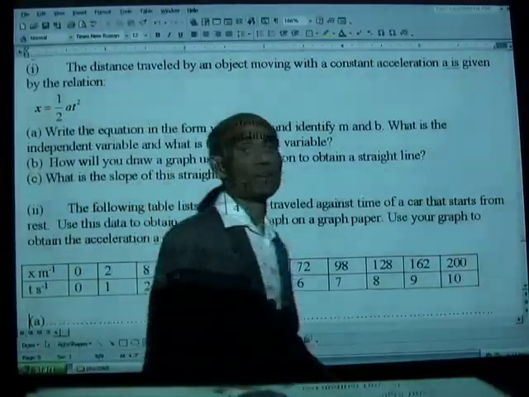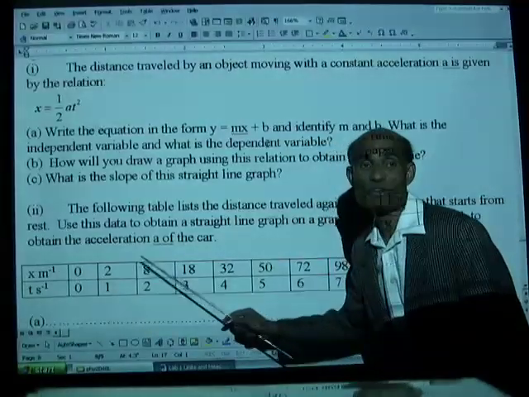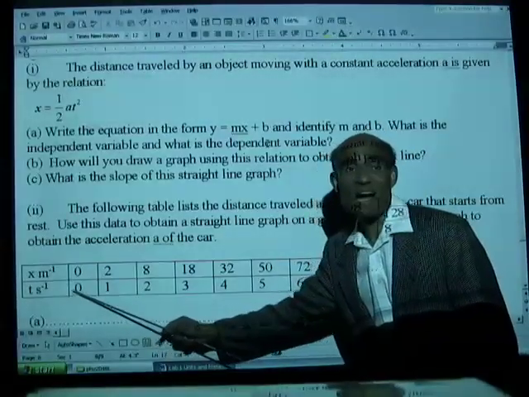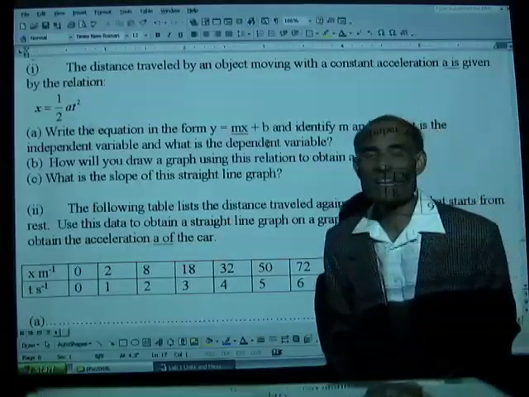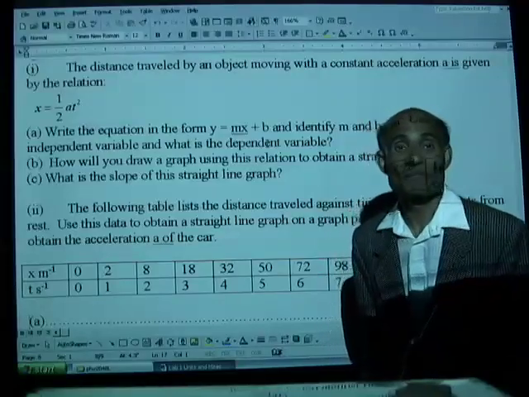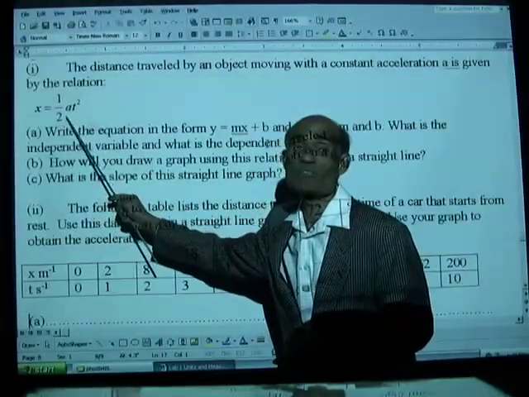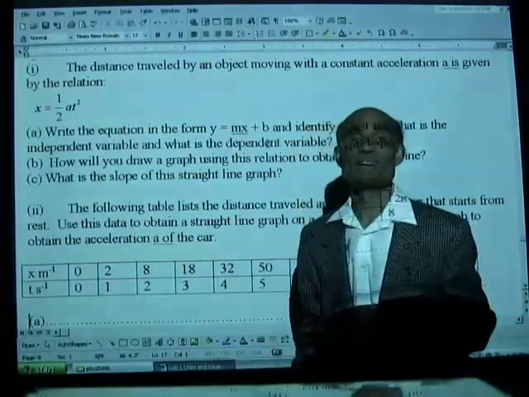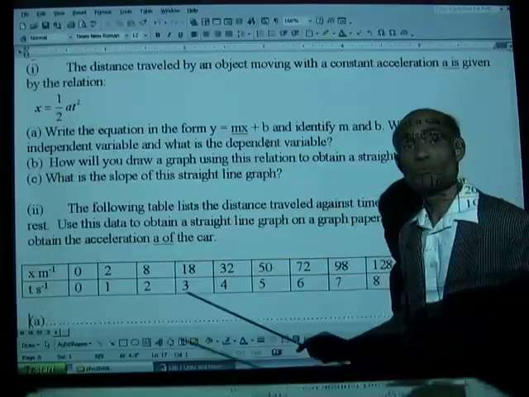Alright, tell me, if you draw a graph of x on the vertical axis and time t on the horizontal axis, will you get a straight line graph? No, you will not. Why? Because x equal to 1/2 a t squared. So to produce a straight line graph, what will you do?